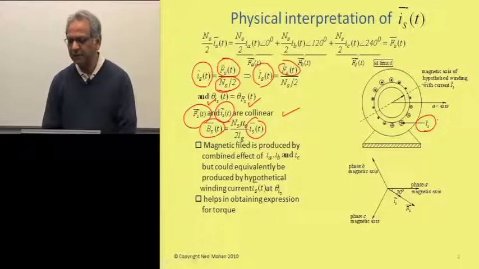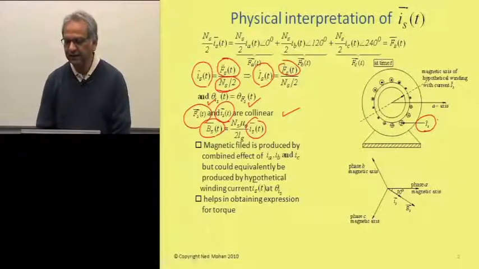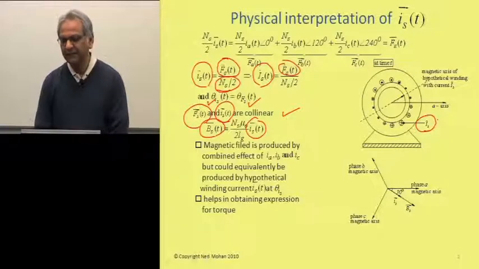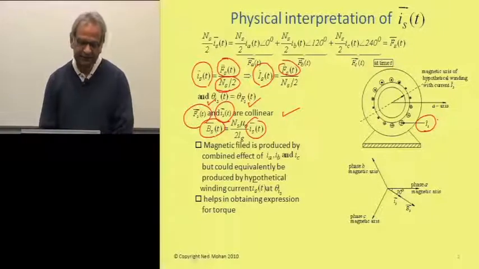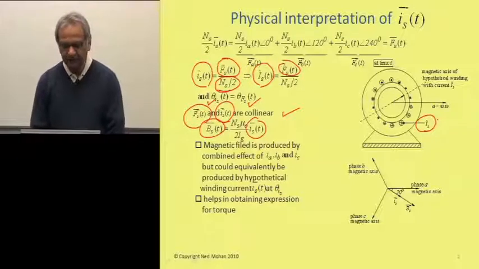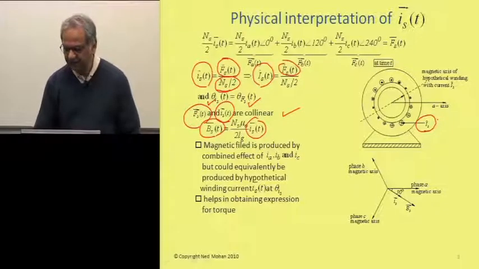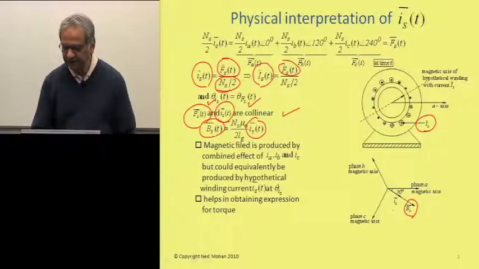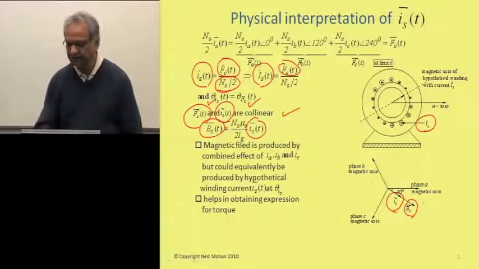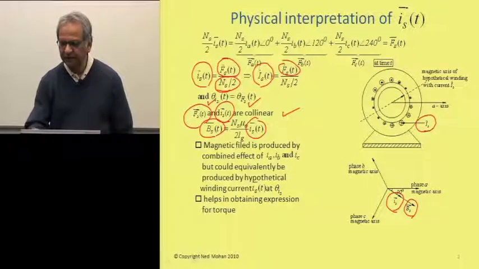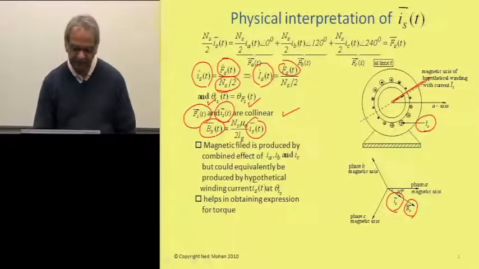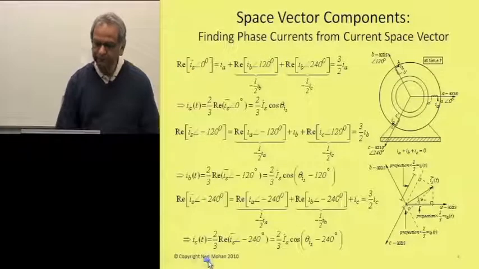And the MMF produced by such a hypothetical winding with this orientation that we see is the same as that produced by IA, IB, and IC flowing individually in these three phase windings. So this is very helpful in calculating the torque expression, as we'll see. And here, just to show that B-s and I-s are collinear at any angle, and similarly here, B-s and I-s would be along this axis over here.